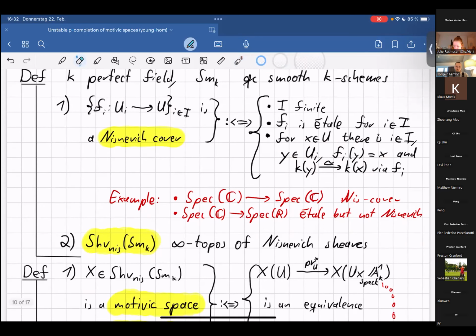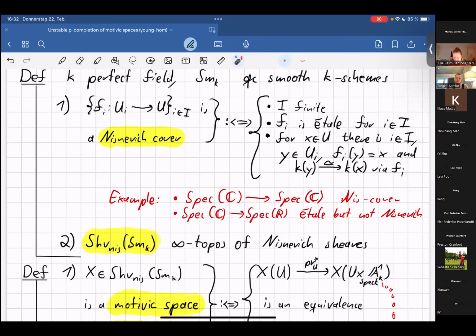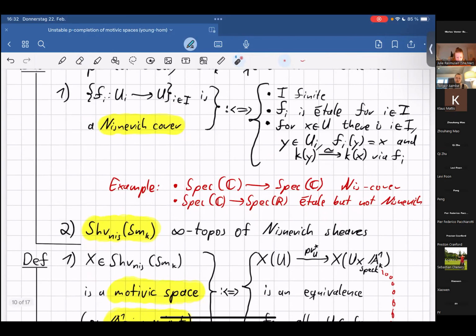So as a quick example, the morphism from Spec C to Spec C, which is given by the identity, is a Nisnevich cover because this induces the identity C to C on residue fields. But the morphism from Spec C to Spec R is étale, but not Nisnevich because this is not an isomorphism on residue fields, but it still is a separable extension, and separable extensions are étale morphisms.